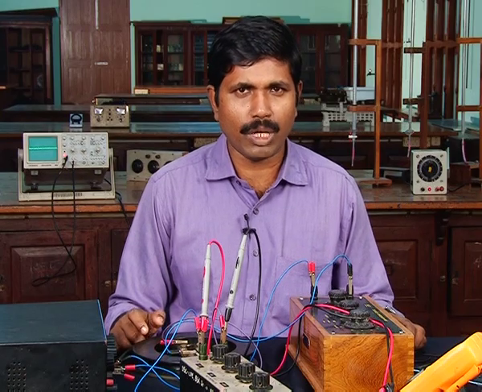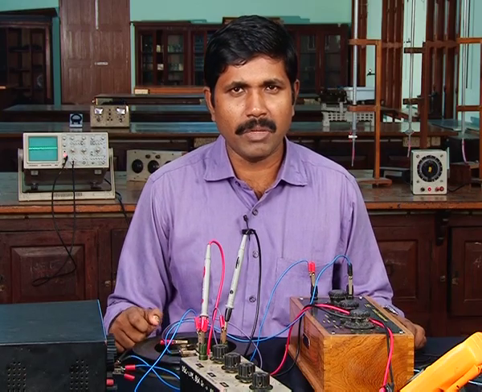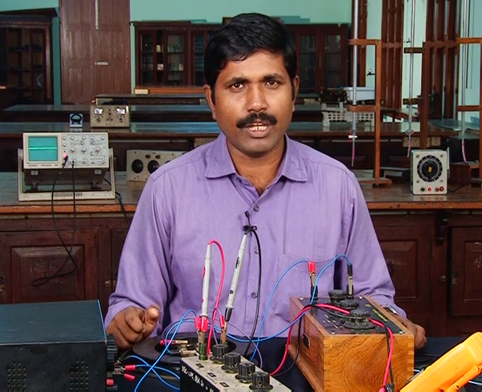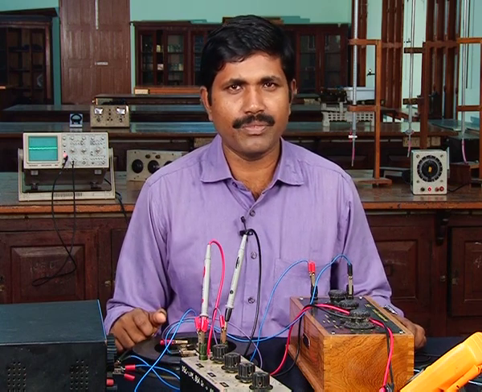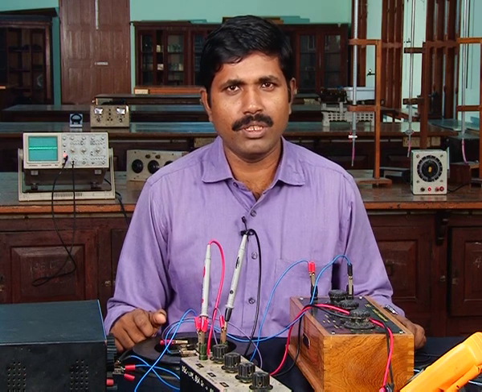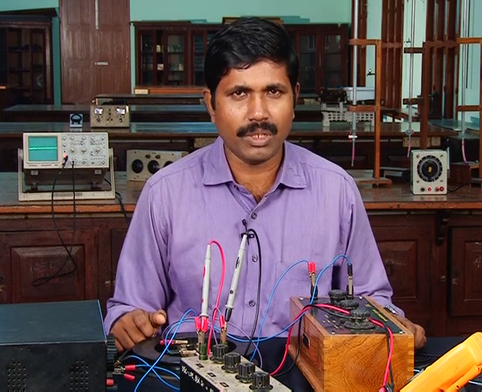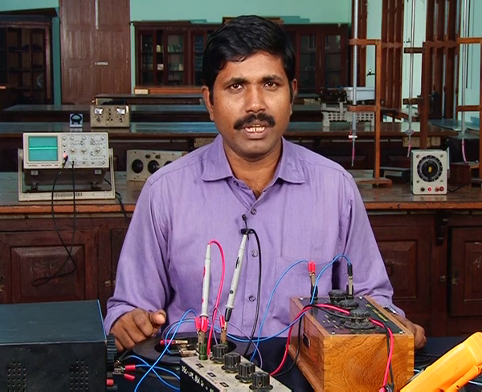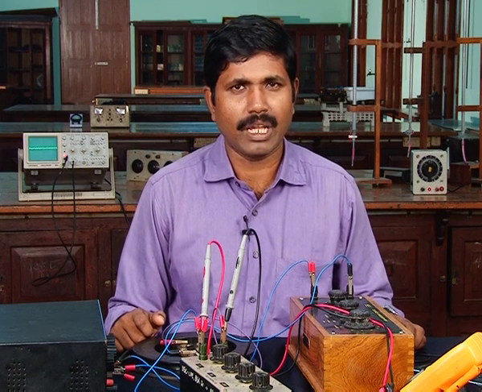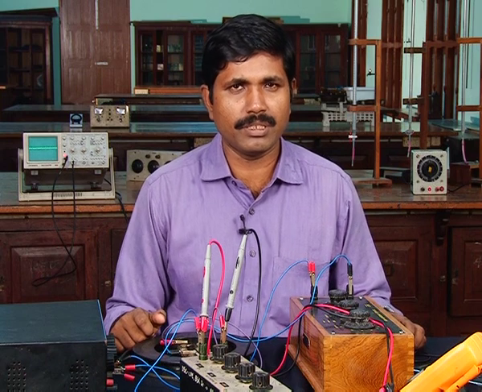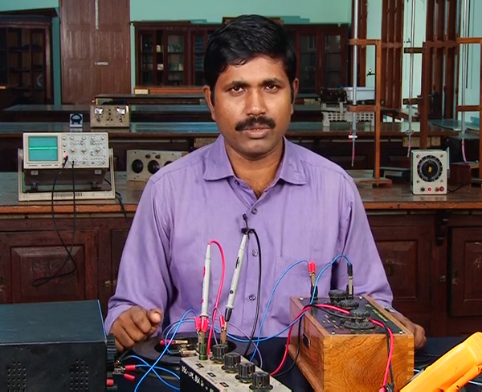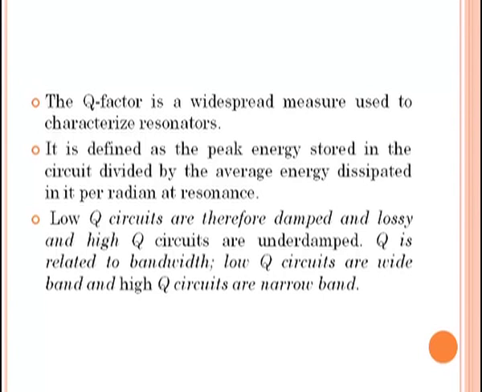So, according to our requirement, we can make the circuit a narrow band or a wide band frequency circuit. The bandwidth depends on the values of inductance, capacitance and resistance. So these are the three basic parameters of this LCR circuit: quality factor, bandwidth and resonant frequency.